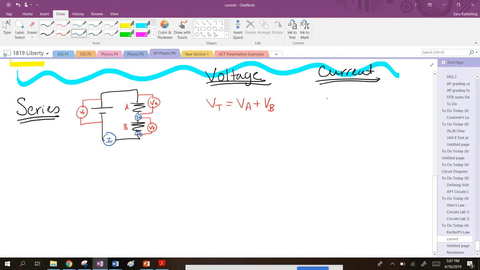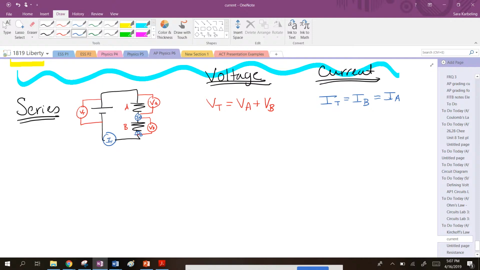I'm hoping that what you found is that the current total, or the current that goes from the battery or to the battery, is equal to the current that goes into resistor B, and that's the same as the current that goes into resistor A. That is what you should find when you're talking about series circuits, okay?